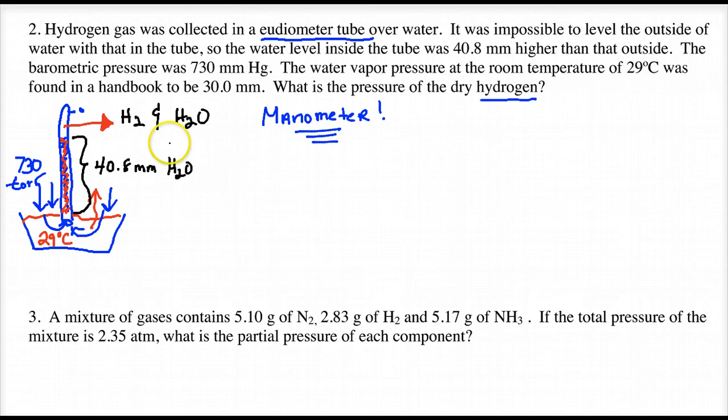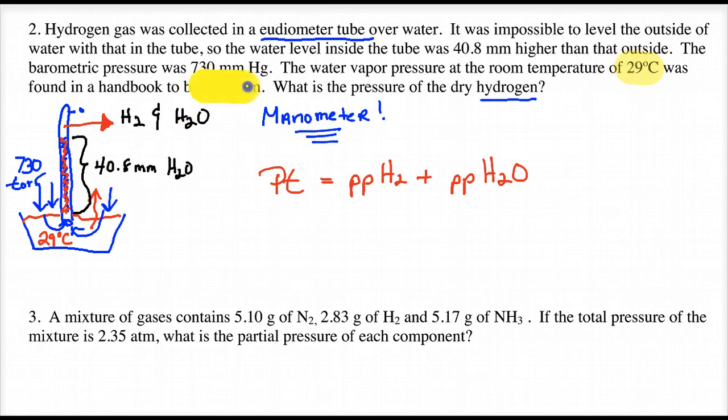Well, we do know that the total pressure, PT, is equal to the partial pressure of the hydrogen plus the partial pressure of the water vapor. I do know, because the water is at 29 degrees Celsius, that its vapor pressure, the force of the gas produced at this temperature, is fixed at 30.